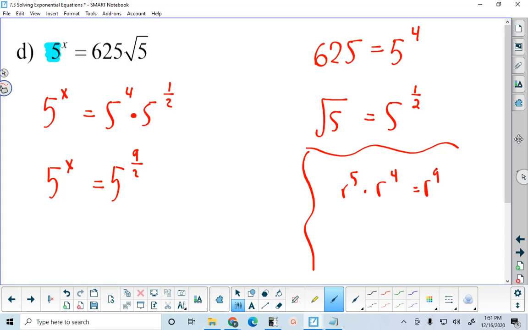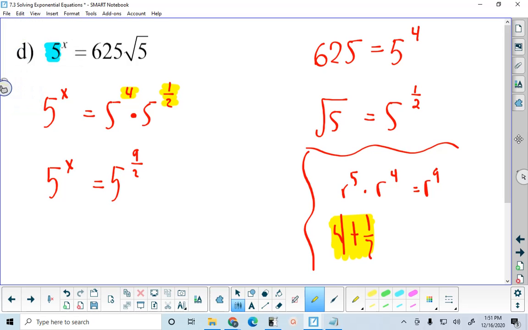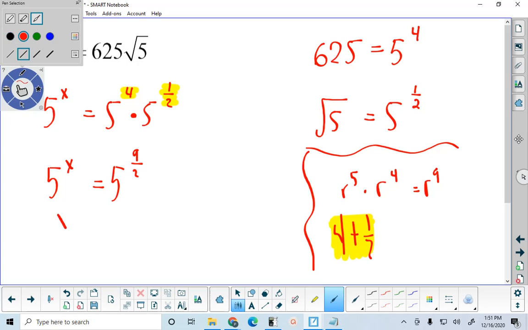So I need to take 4 plus a half, which is 4 1/2, or 9 over 2. Now the base is the same, so we can drop the bases and say x equals 9 halves. Any questions with D?